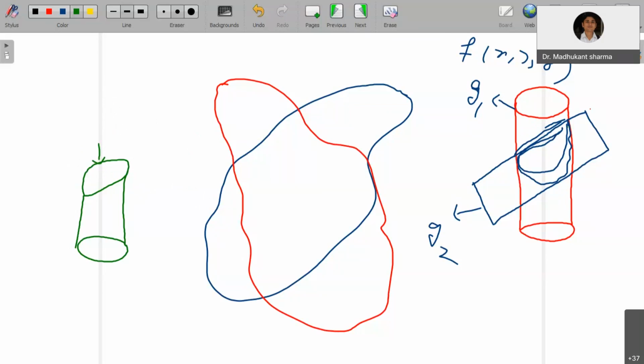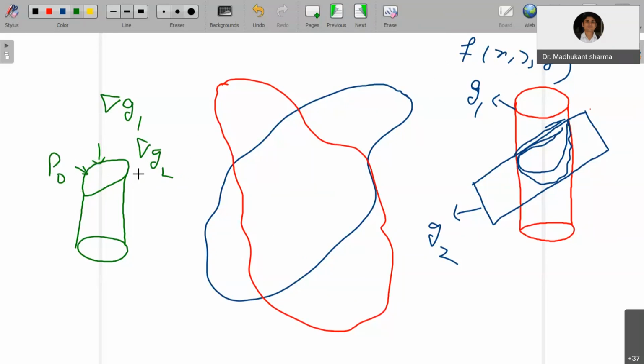So grad g1 and grad g2 at point P naught. You are looking at the point P naught where it will attain the maximum or minimum, on a smooth curve.